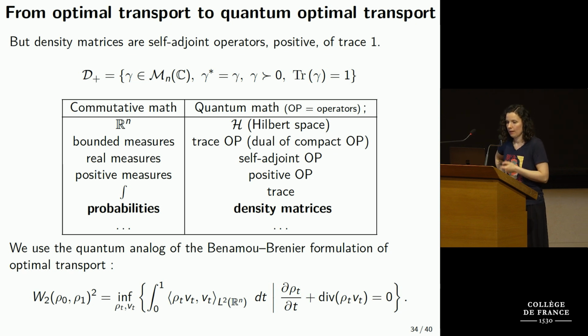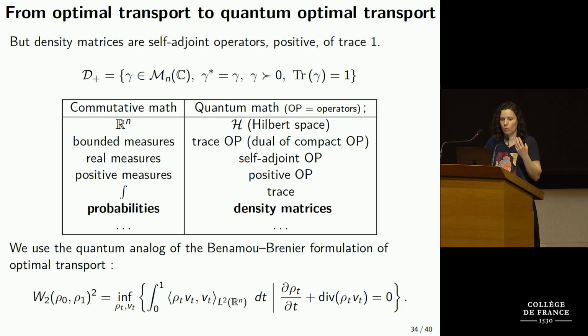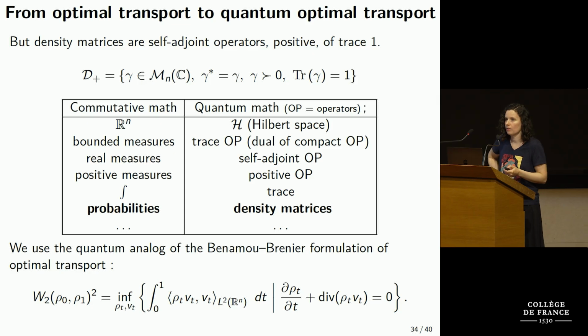And so we wanted to use a quantum optimal transport distance for our problem instead of the classical Wasserstein distance. In the classical optimal transport world, we have a good understanding of when the Kantorovich formulation, the Monge formulation, and the Benamou-Brenier formulation are equivalent.